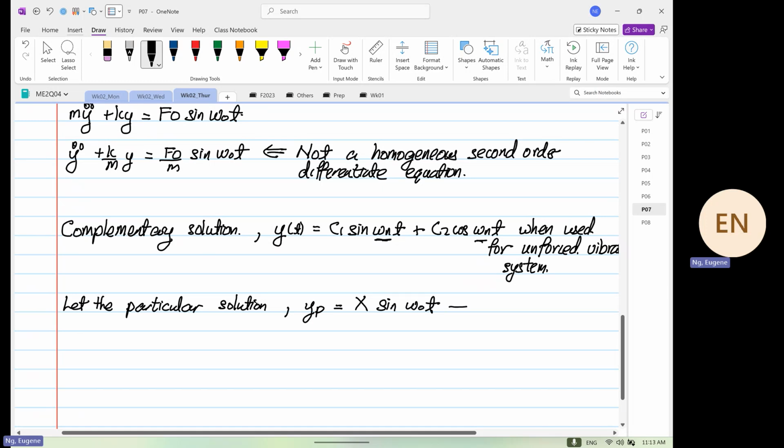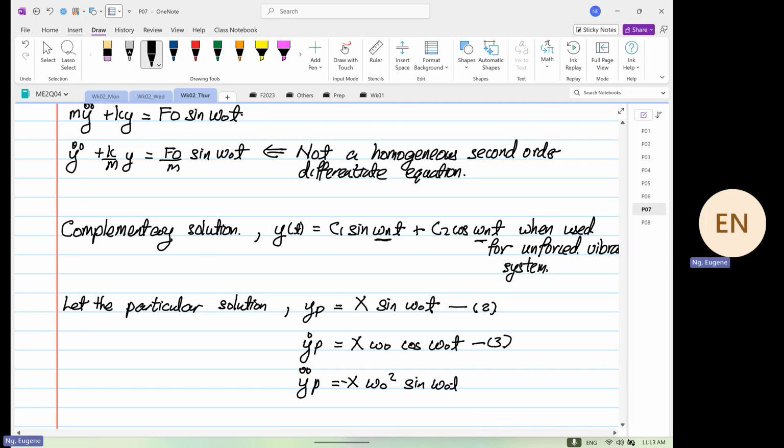Okay, this is our equation number 2. And then when we differentiate it, it's equal to X omega naught cos omega naught t, equation number 3, and y double dot p is minus X omega naught squared sine omega naught t, equation number 4.